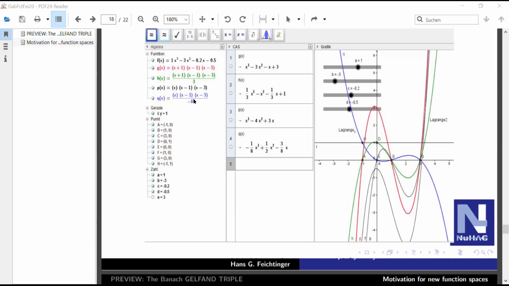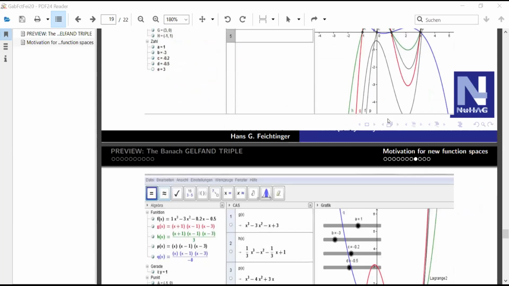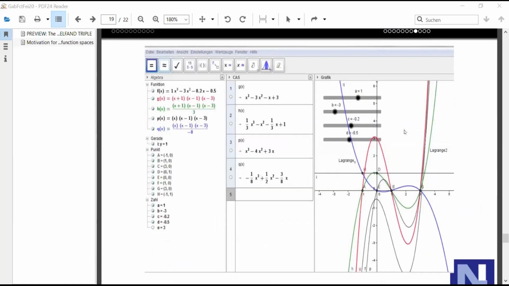You see 2 is missing, so I would like to have a Lagrange interpolation polynomial. So just divide by the value of p at 2, and it turns out to be 8. And then you can take these points, you move everything, and the whole construction is changing. So this is a very good thing.